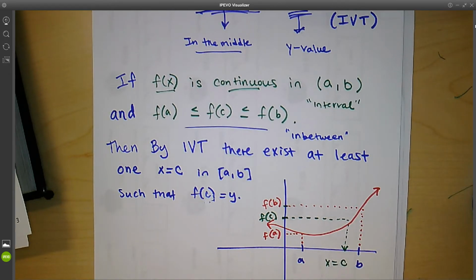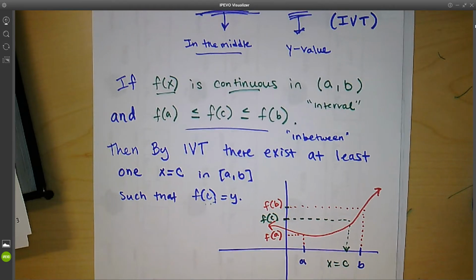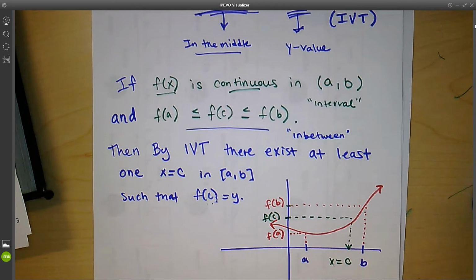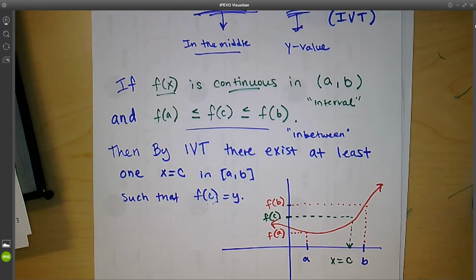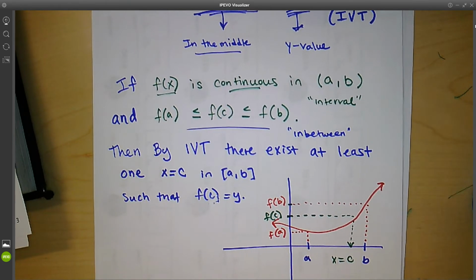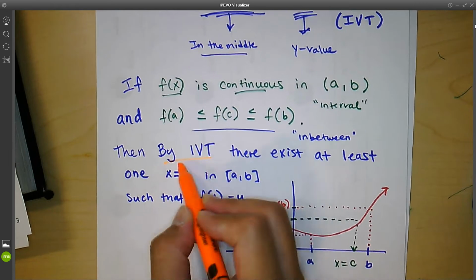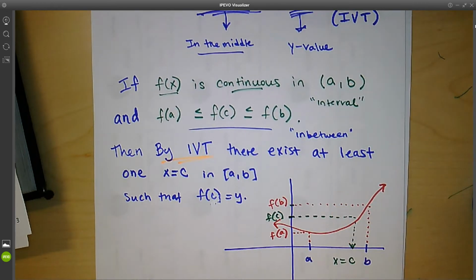So let's try a couple examples to make sense of this theorem. Eventually you can reword it a little differently, but you want to have all the parts. The key part is that you do have to name it, because we will learn other theorems later. It's that theorem that guarantees at least one x value exists.